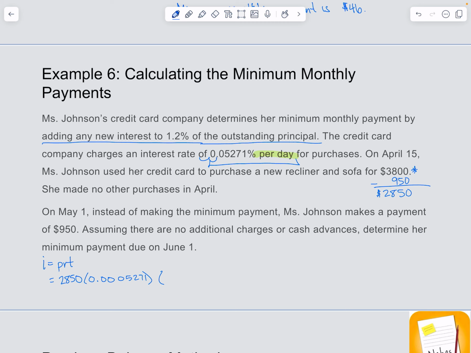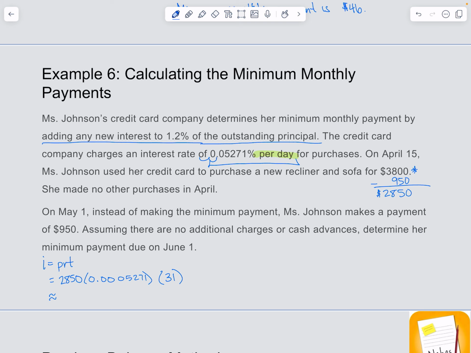If we look at the calendar and look at May, it has 31 days. So our time is 31 days because the due date of the next payment isn't until June 1st when May is over. So if we multiply all of these, we will find out the interest that she is going to be charged for the month of May.